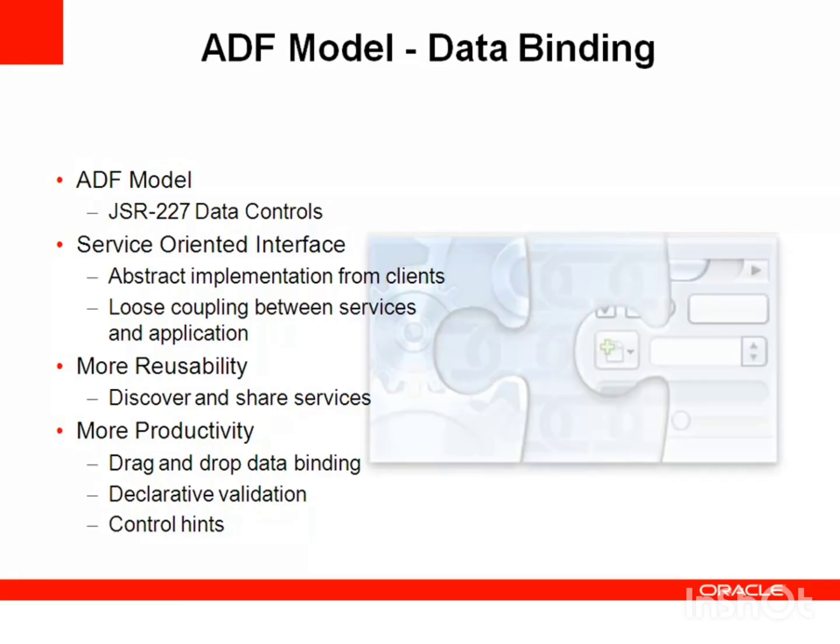So no matter if the business service is based on ADF business components or a simple Java class or a web service, the UI developer sees them all in the same way and is simply able to drag and drop them into the page when building an application. This increases the reusability. It makes your application less coupled between the services and the UI, and at the end of the day provides more productivity when building the application.